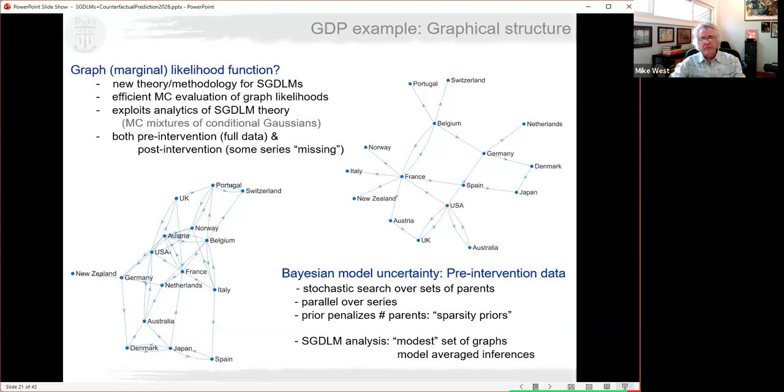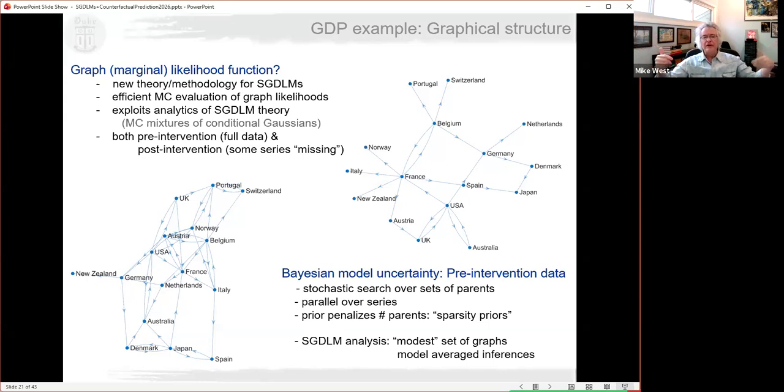This involves, in the post-intervention period, under the counterfactual, again, exploiting the SGDLM theory in new ways, because you've got a prior with some sparsity penalties on any particular graph. So if you've got 1 million graphs, you've got a prior probability on each one. You multiply those prior probabilities by the likelihood based on the data for each of those graphs. We call it the marginal likelihood because it's integrated out the time-varying parameters.